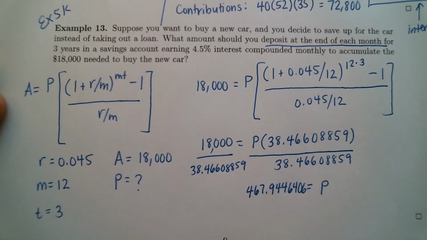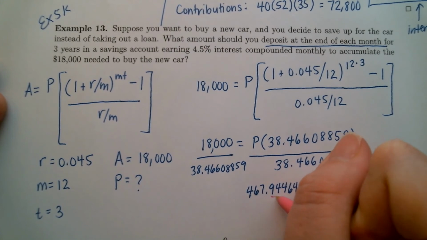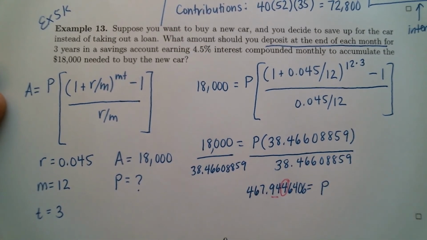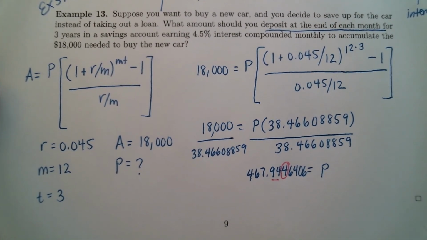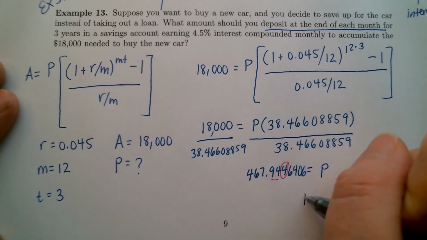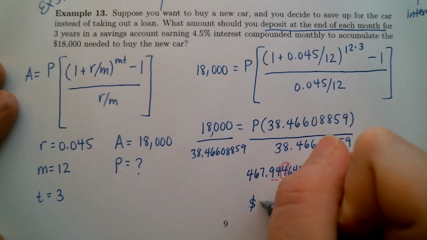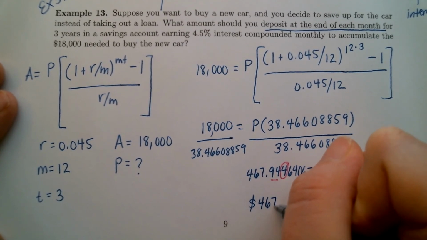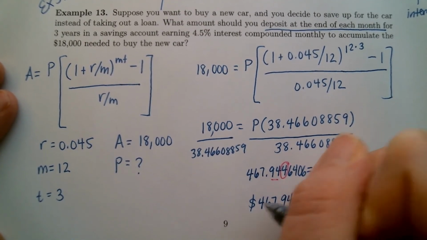So we've got our 94 cents, and we need to look at the next digit. It's a 4, so we're going to leave it alone. Remember, you only round up if it's a 5, 6, 7, 8, or 9. So your monthly contribution to your savings account has to be $467.94.